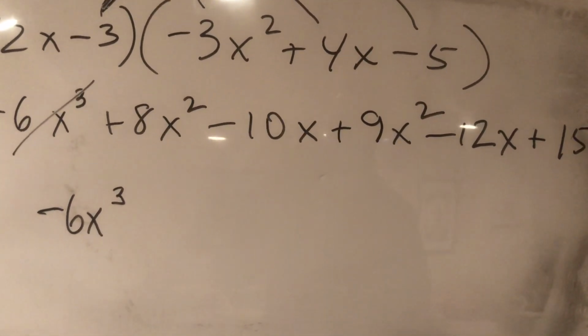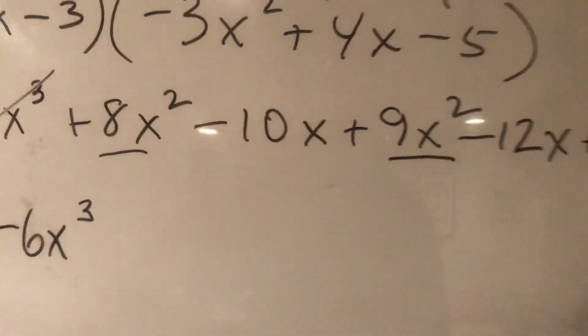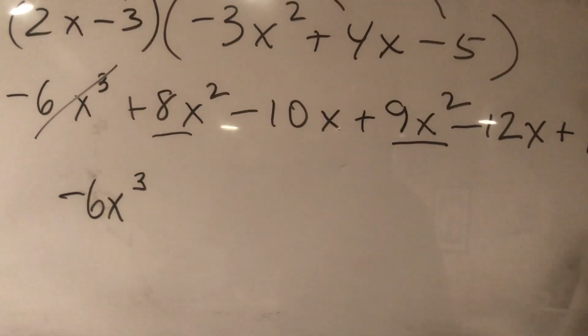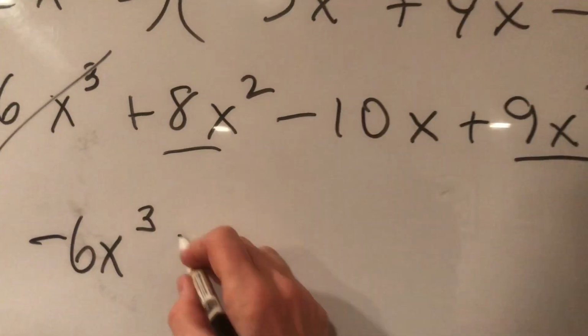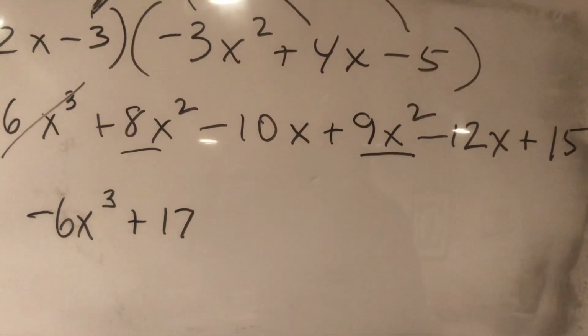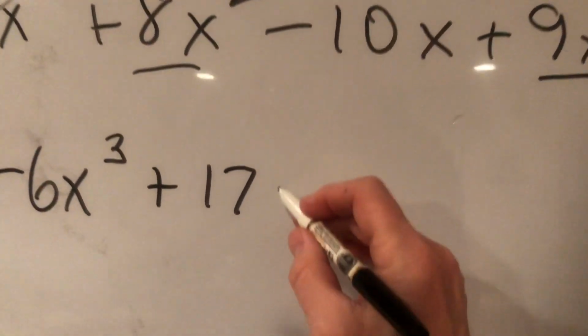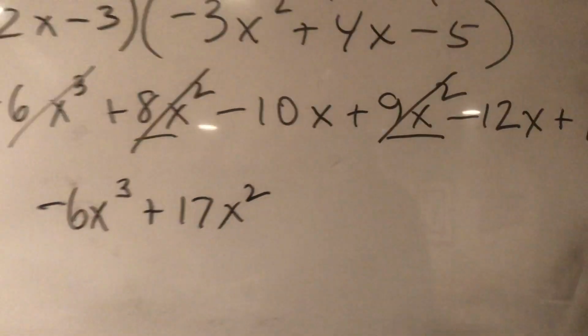And then we say, okay, there's an x squared and there's an x squared. So the coefficients, 9 and 8, when added together, give us 17. And then we bring down the x squared. And let's get rid of those two.